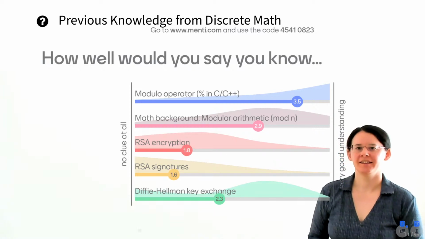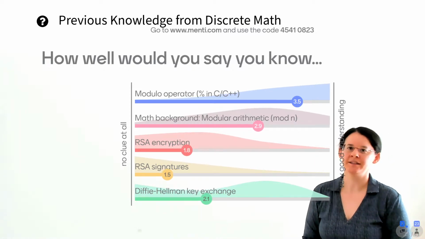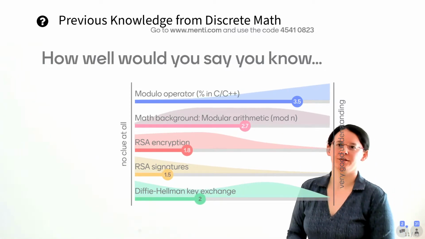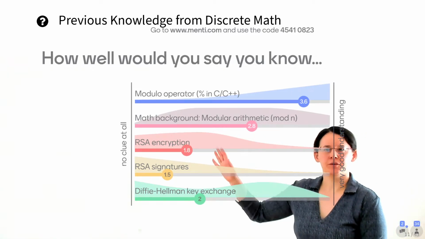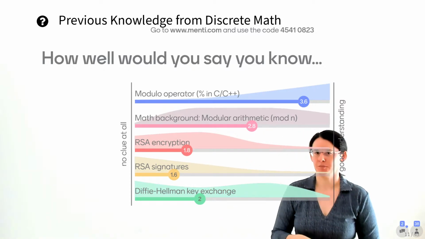Okay, it looks like most of you seem very familiar with what the modular operator does, but less familiar with doing arithmetic with it. That's approximately as I expected. It looks like very few of you feel like they know a lot about RSA encryption.